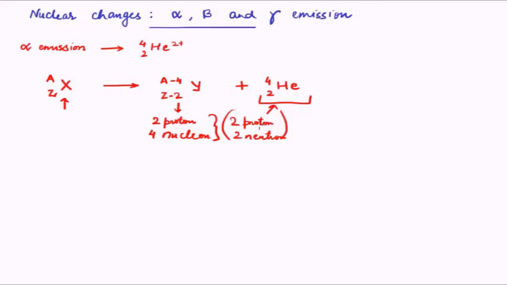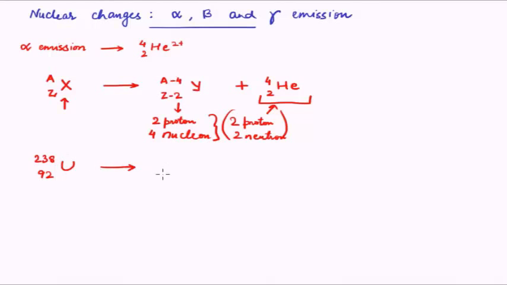Now let us see an example of alpha radiation. An example of alpha particle emission would be, suppose you have uranium-238. Uranium's atomic number is 92 and mass number is 238 for the most radioactive uranium.